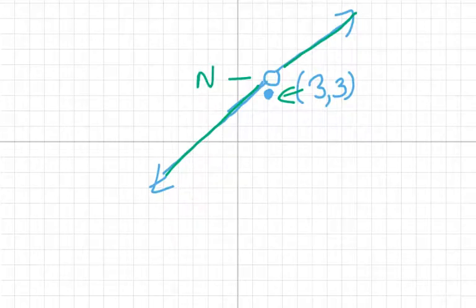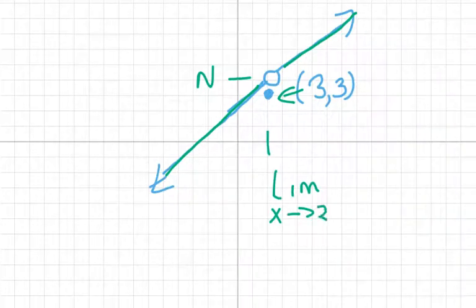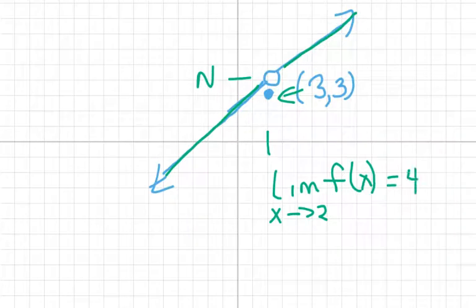In this case, the limit would be 4. So our limit, as x approaches 2 of this line, I'll just call it f of x for now, equals 4. Because this equals 4 here. That number is 4.